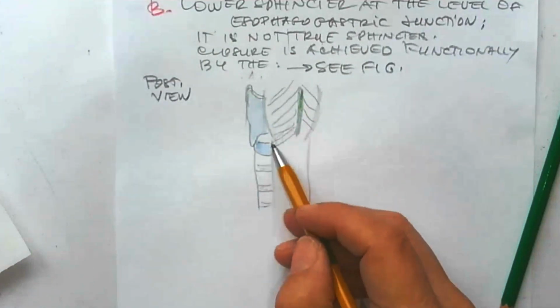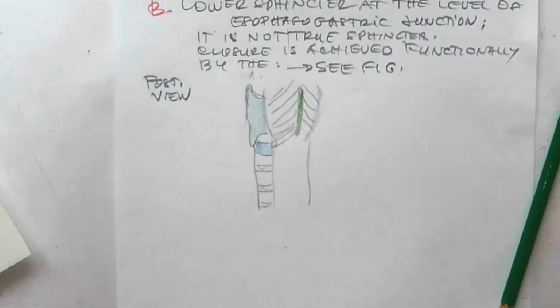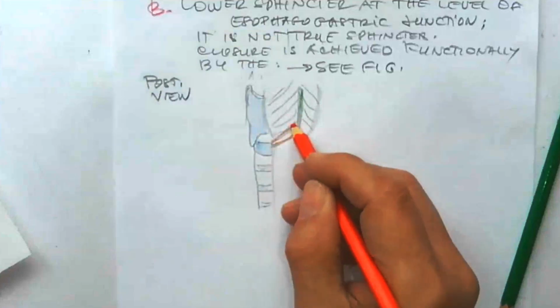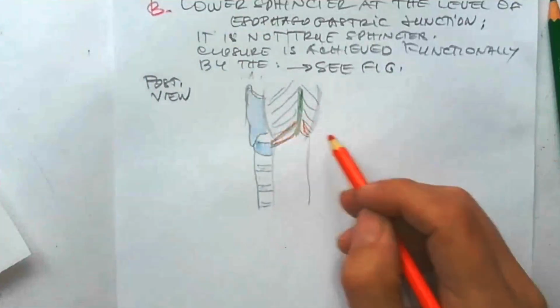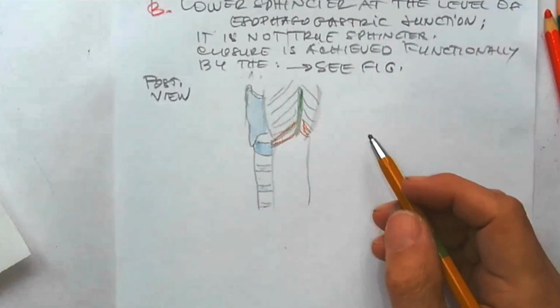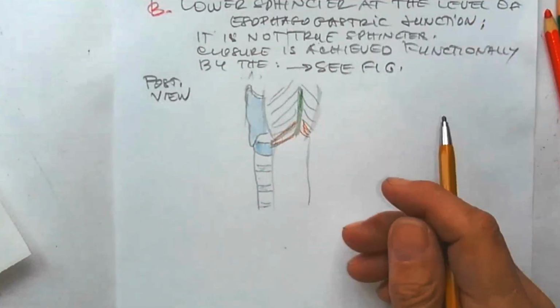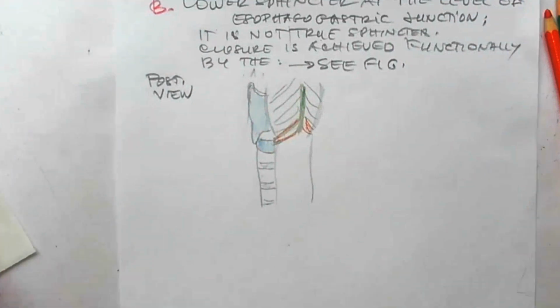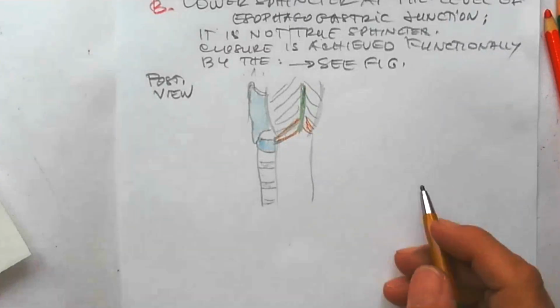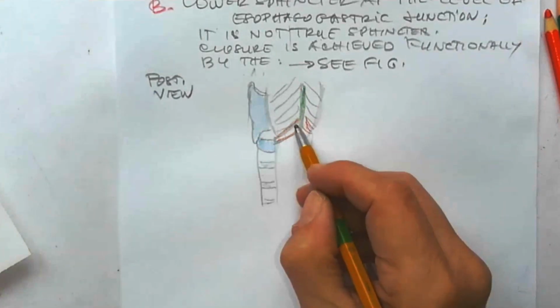Then to the cricoid cartilage run dorsally, obliquely, the fibers, which we call simply cricopharyngeal sphincter or cricopharyngeal muscle.